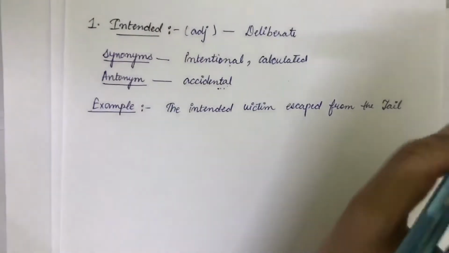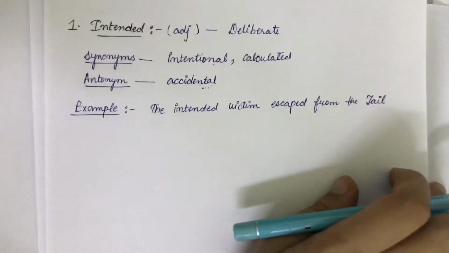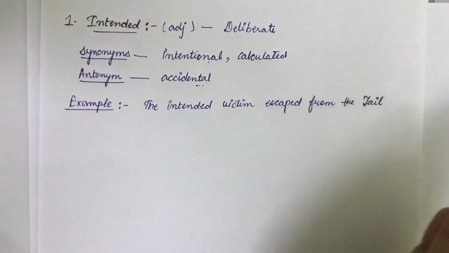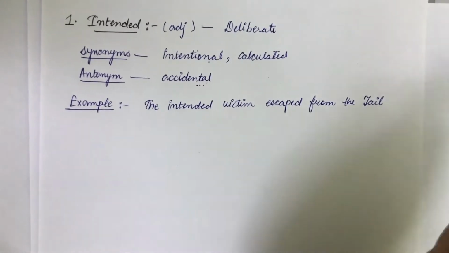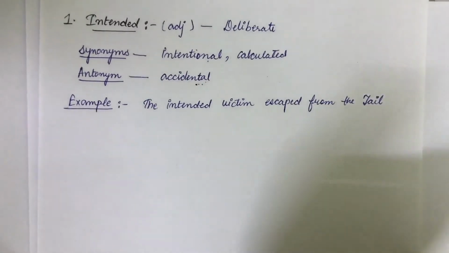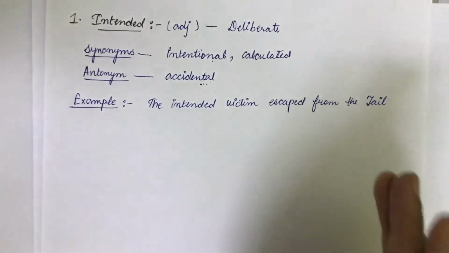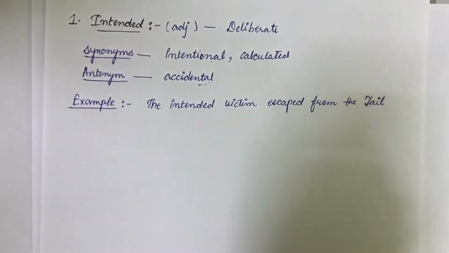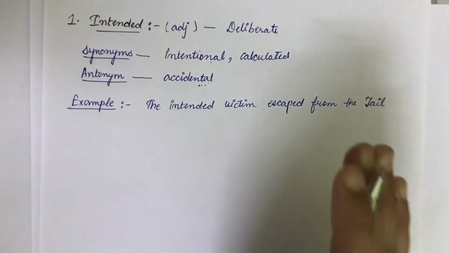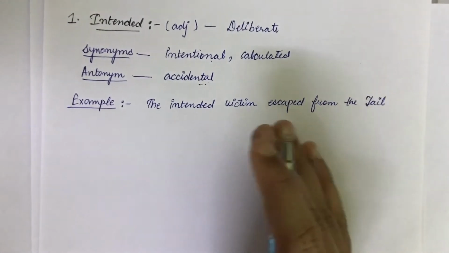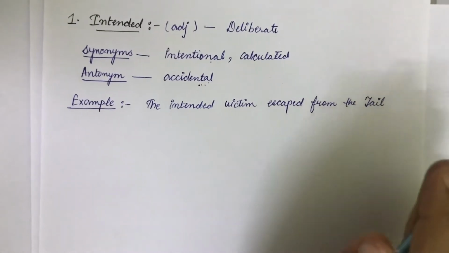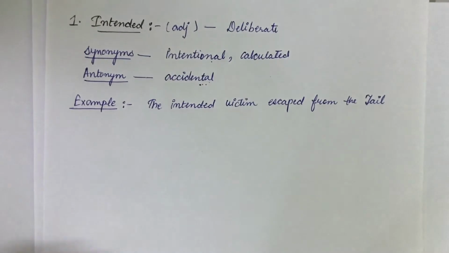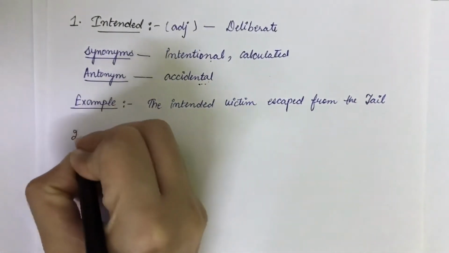So which means that a prisoner, a victim that was deliberate to escape, that wanted to escape, actually escaped the jail. Okay, so this is how you have to use the word in your sentences. The basic purpose of telling you the sentences is that you get to know how you can use them in your vocabulary. Okay, so the next word that I am going to tell you is trigger.